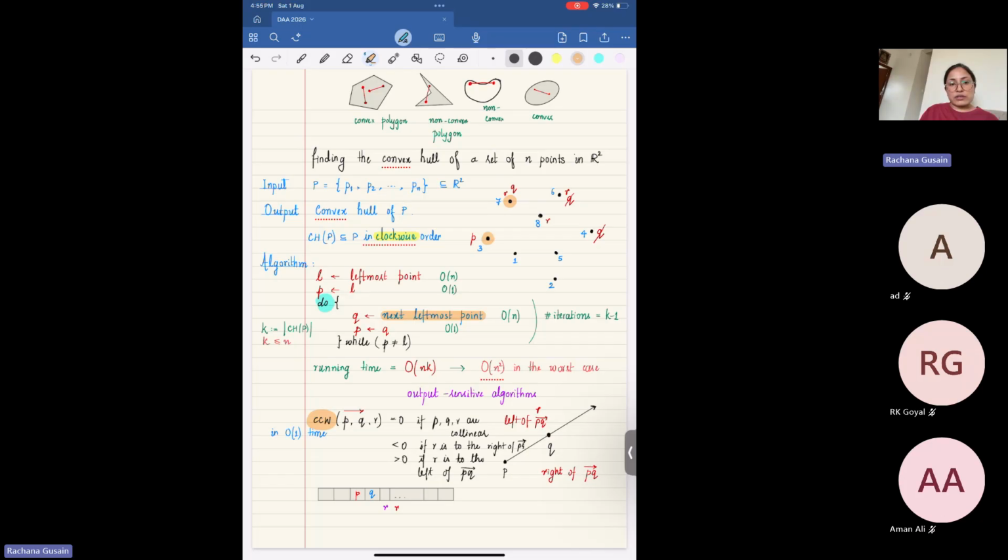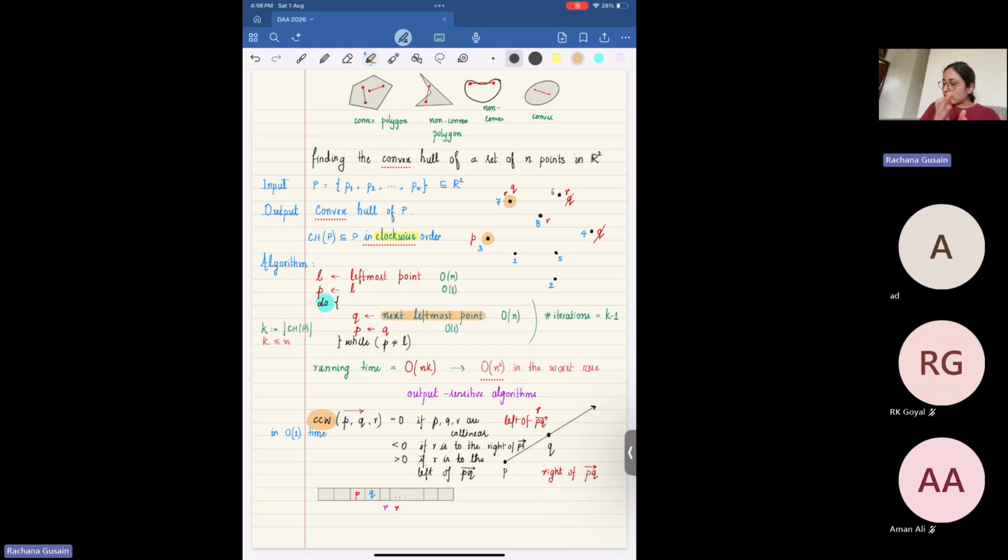Is the algorithm clear now? Yes, ma'am. Yes, right. So once you have these 2 points, forget about these 2 points and then again find the next leftmost point. Okay, so you will need a variable R to iterate over the remaining set of elements in the array. And whenever you see that R is to the left of PQ, you will update Q to be equal to R. Okay.